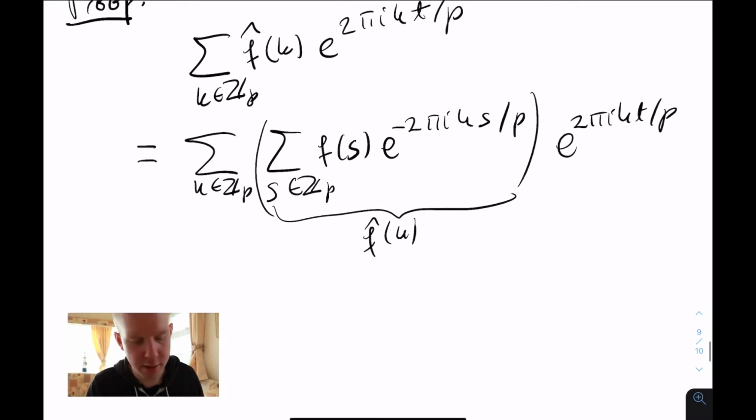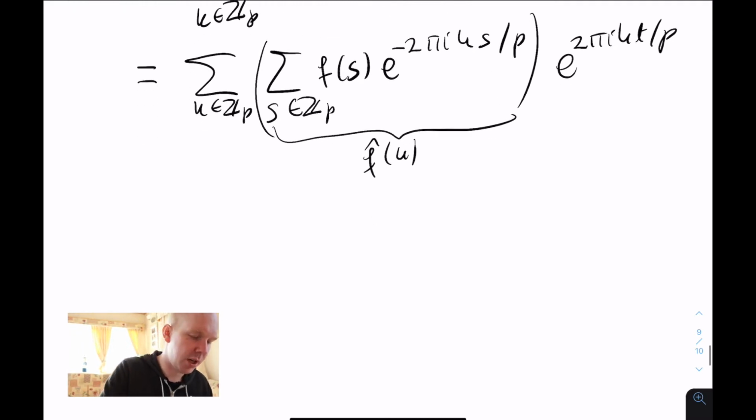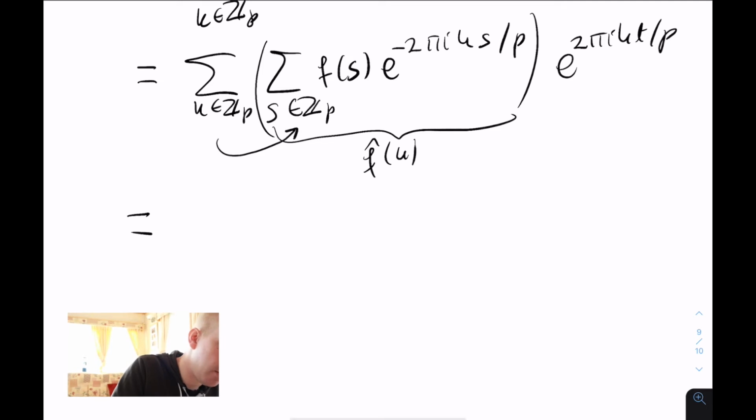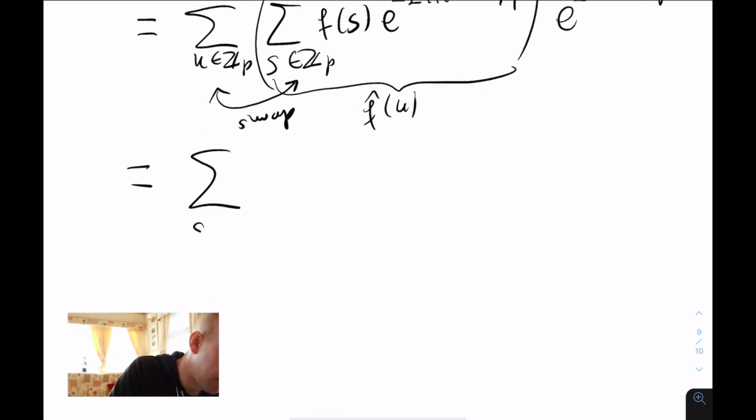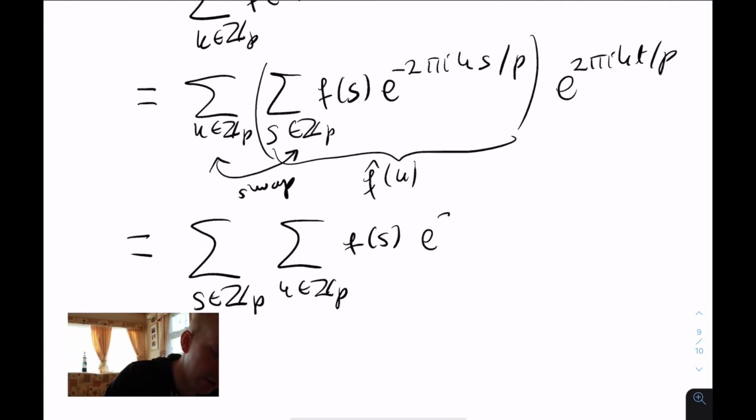Okay, so that's the definition, and now we just swap the order of summations to make this work. So we swap the order and obtain s from Z_p and then k from Z_p, and you still have f(s) and these coefficients e to the power minus 2 pi i k s over p times e to the power 2 pi i k t over p.